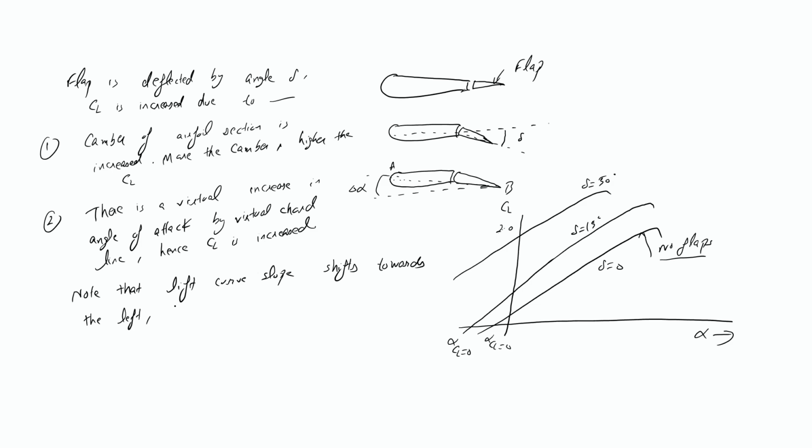However, alpha stall is decreased. That's okay. Even if alpha stall is decreased, we have successfully increased the CL max to a certain value, which is more than sufficient during takeoff and landing. Also, the alpha at which lift equals 0 shifts towards a more negative value.